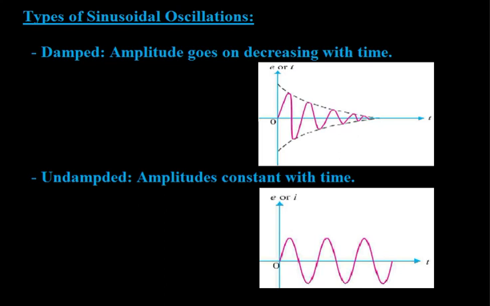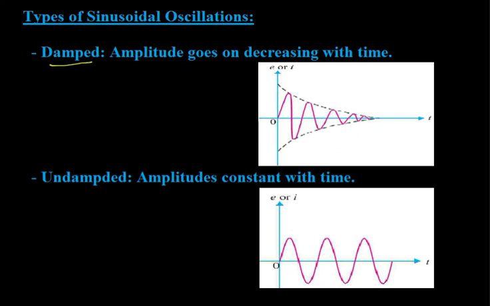You are familiar with the term damped. Damping means the amplitude of the signal goes on decreasing with time. If the amplitude of the output wave goes on decreasing with time, then it is called a damped sinusoidal oscillator.